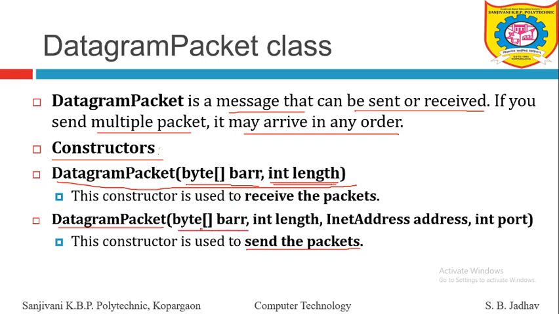The first is the byte array in which the message is sent, the length of the byte array, the INET address of the destination, and the port on which the data is to be sent. So these two constructors are used in two different situations. For receiving, we'll use the first constructor, and for sending the packets, we'll use the second type.